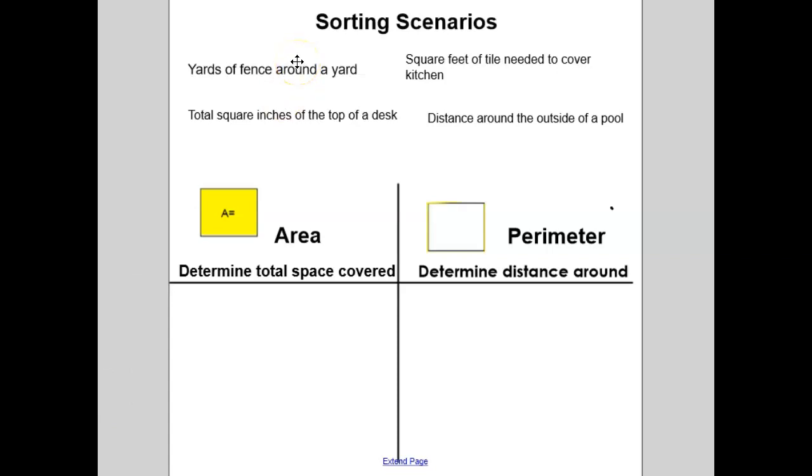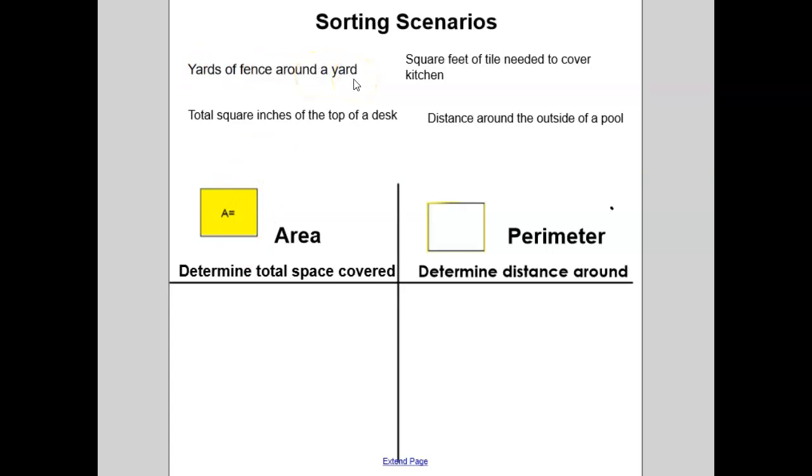Okay, I'll sort 2 and then you'll sort 2. So we're going to decide, is this scenario a perimeter scenario, which is referring to just the distance around a shape, or an area scenario, which is referring to the total space covered by a shape? So yards of fence around a yard.